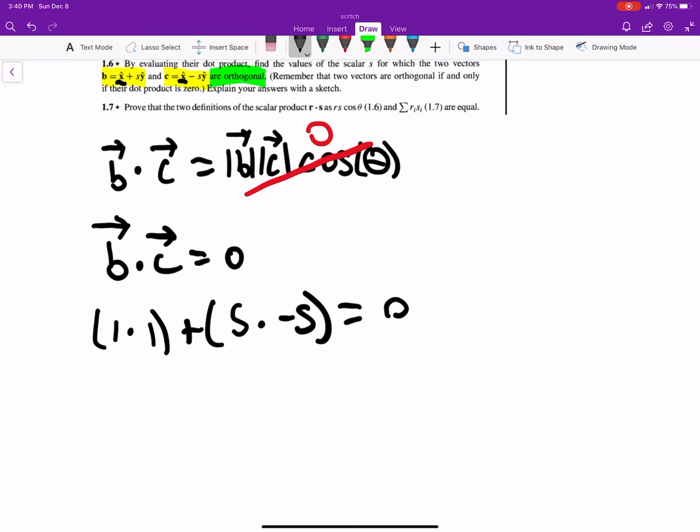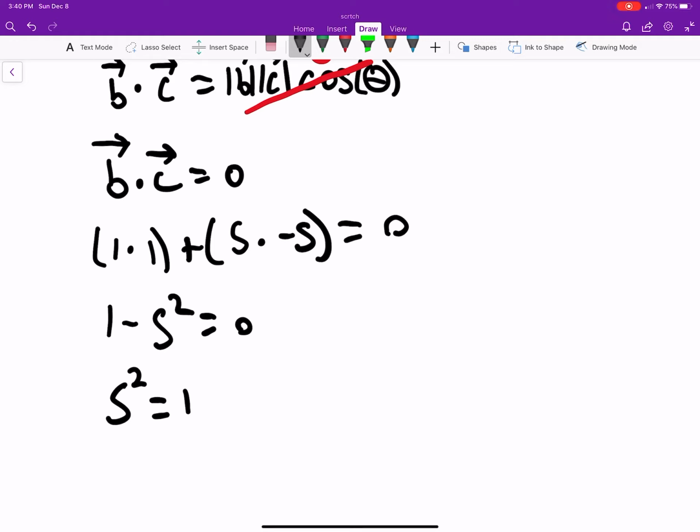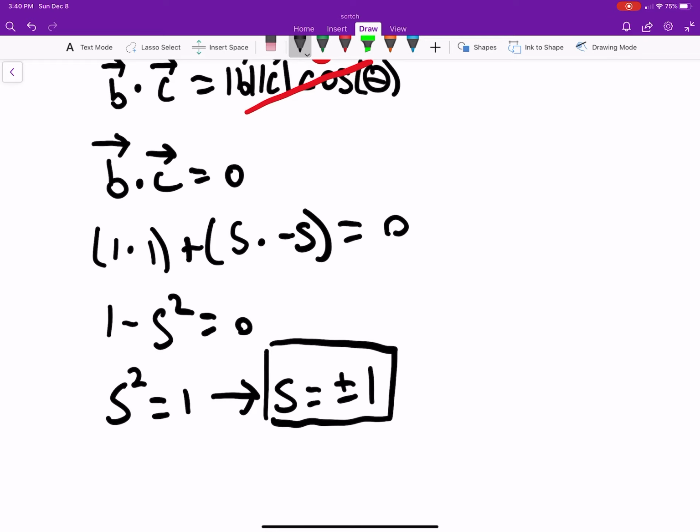And that should be equal to 0. So all we did was multiply our two components. The x hat just has a coefficient of 1, and then our y hats just have the coefficient of s. So finally, we're left with 1 minus s squared equal to 0, or s squared equal to 1, or s equals plus or minus 1. So the value for the scalar s is plus or minus 1.